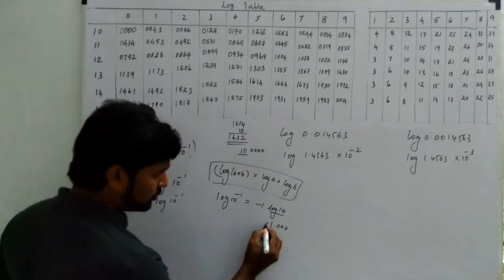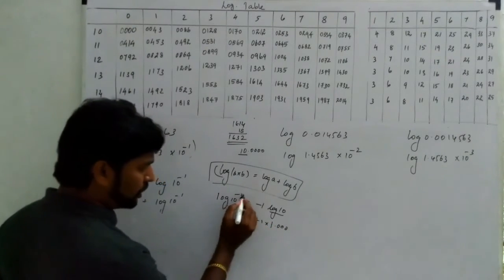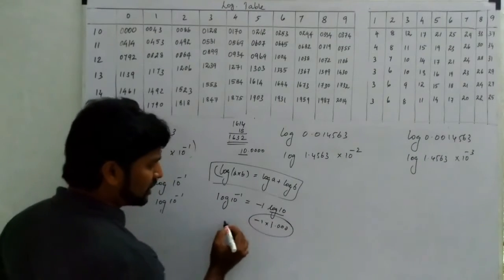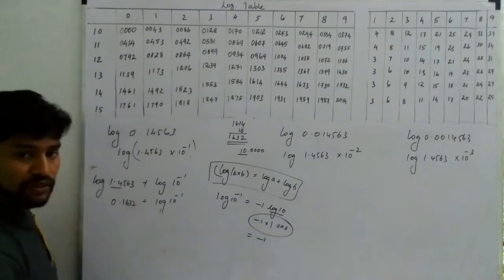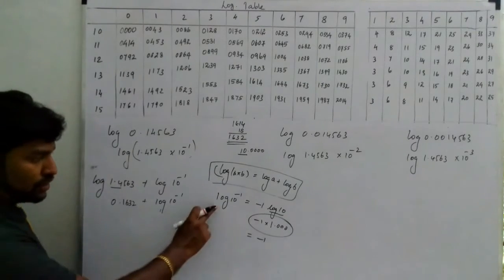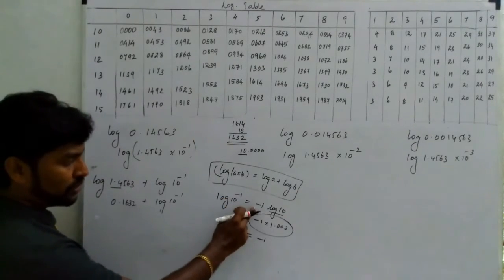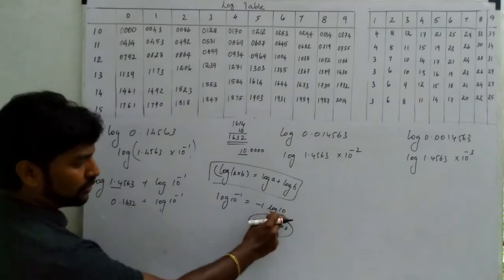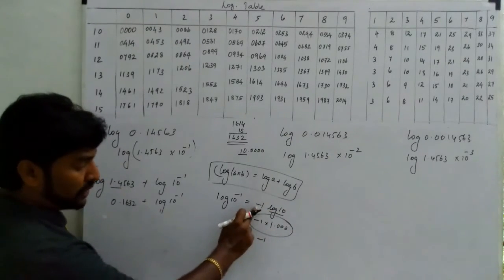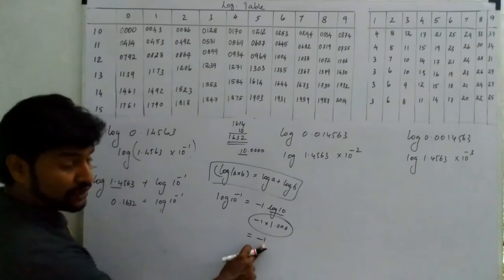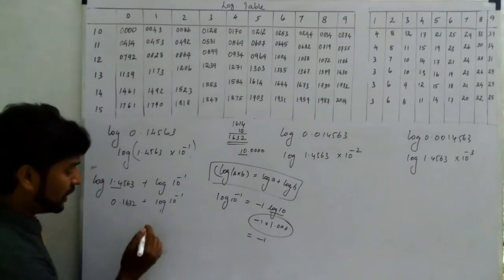So the log of 10 is 1. So minus 1 multiplied by 1 gives minus 1, and that is what we add here.